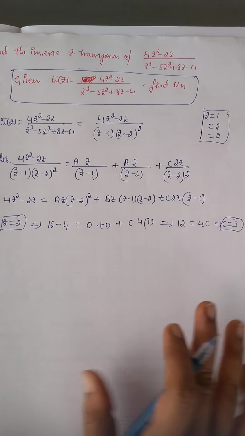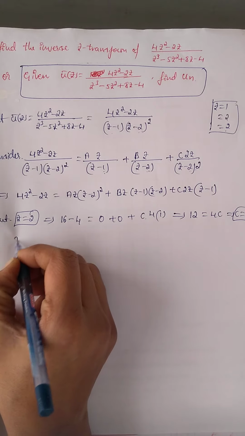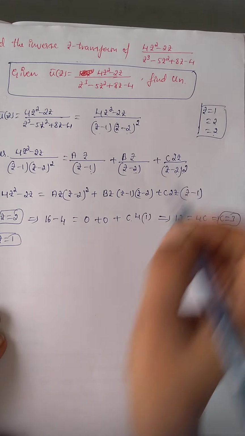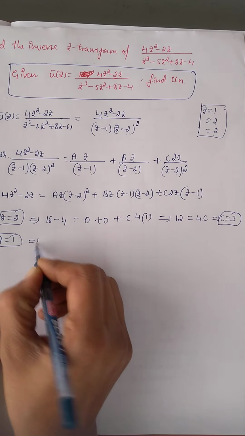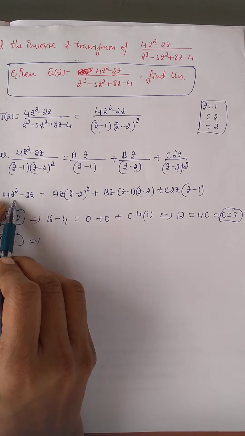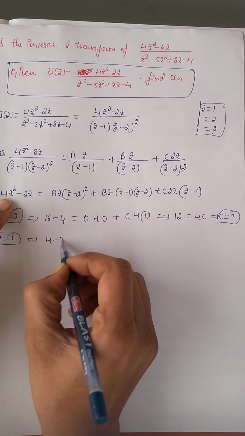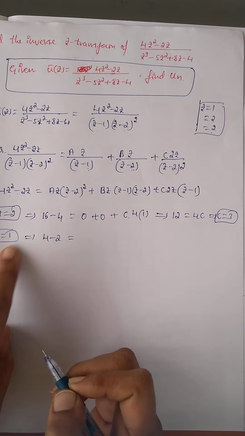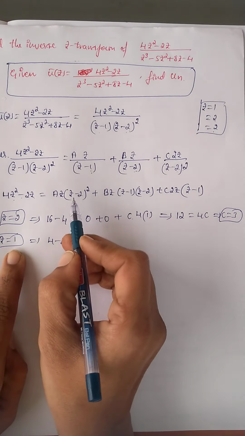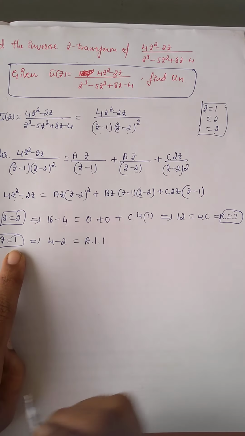Next, we have to find the B and A values. For this I take the substitution z equal to 1, the other root. If we take z equal to 1 on the LHS, we get 4 into 1 square, which is 4, minus 2 into 1, which is 2. On the RHS, we get A into 1, and 1 minus 2 is minus 1, minus 1 whole square is 1.